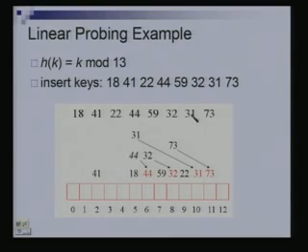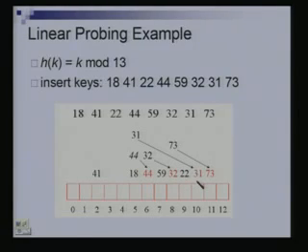31, 31 mod 13 is 5. So we should have put 31 here, but this location is occupied with 18. So we go to the next location, which is occupied by 44. Then the next, which is occupied by 59. Then the next, which is occupied by 32 already. Then the next, which is already occupied by 22.